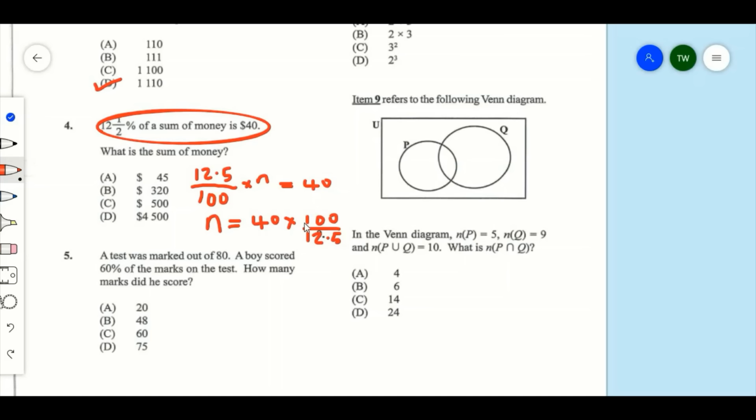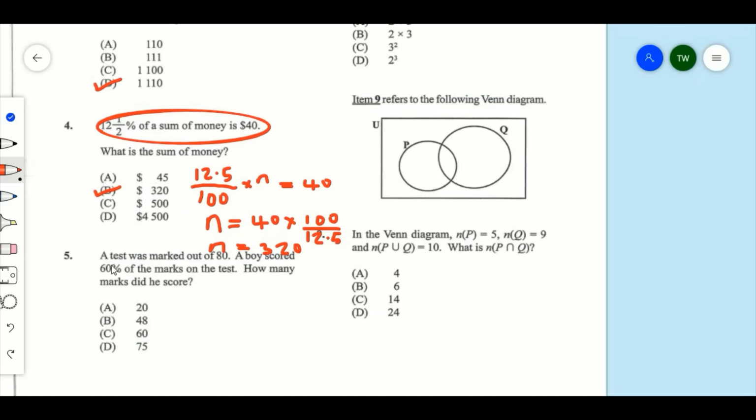And 40 times 100 over 12.5 is going to result in 320. So therefore, N is equal to $320, and our answer is going to be B.